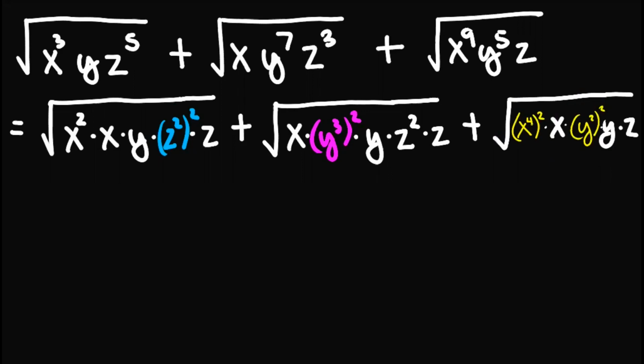Well, by the second law of radicals, we know that we can extract out the perfect squares in each radical.